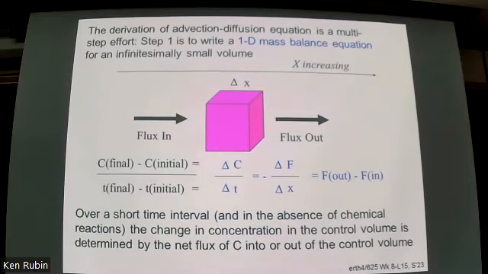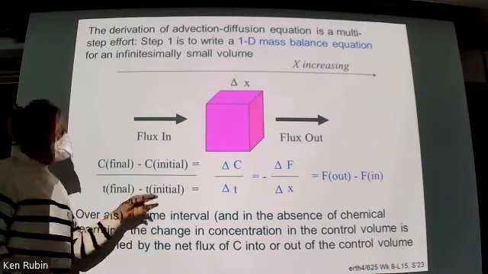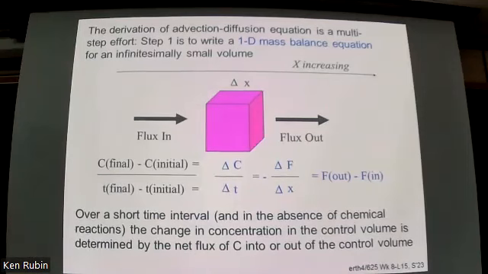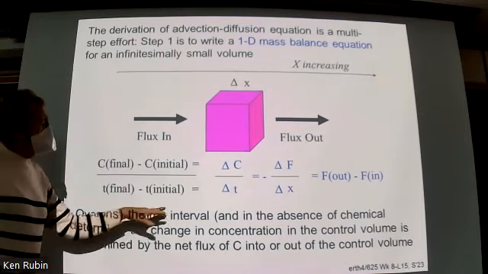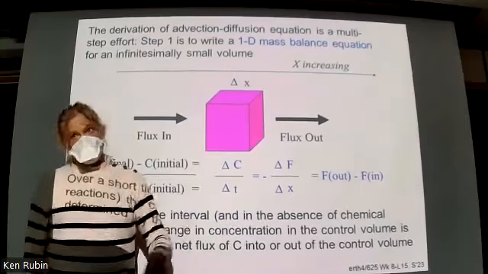This is the way you think about this equation from a control volume perspective, in a box of equal size with infinitesimally small dx. I've just written it as a delta x. But basically, the change in concentration over time is the change in flux over distance, okay?